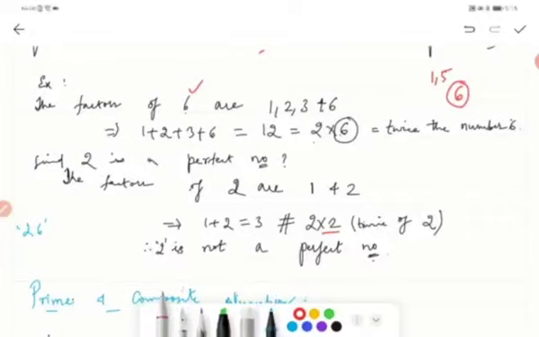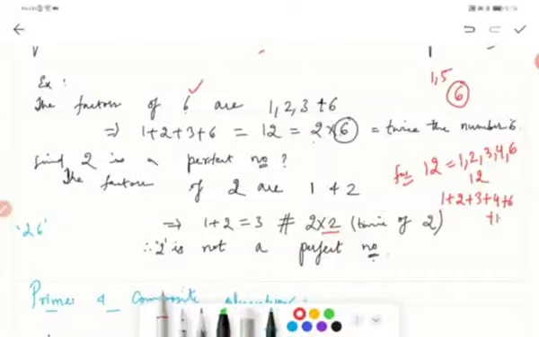Okay, can you check for 12? What are the factors of 12? 1, 2, 3, 4, 6, 12. So you have these many factors for 12. So add all the factors, 1 plus 2 plus 3 plus 4 plus 6 plus 12.